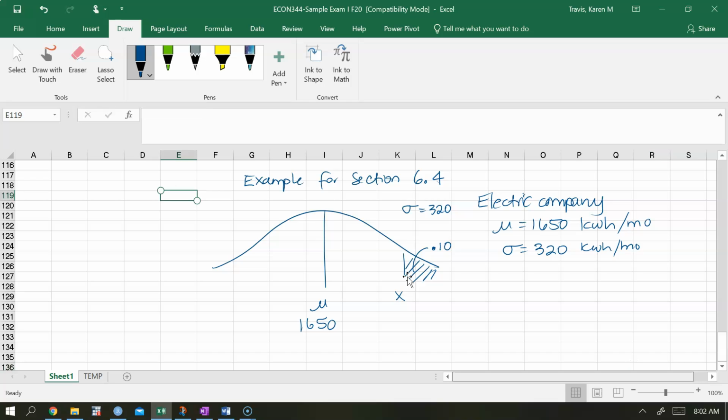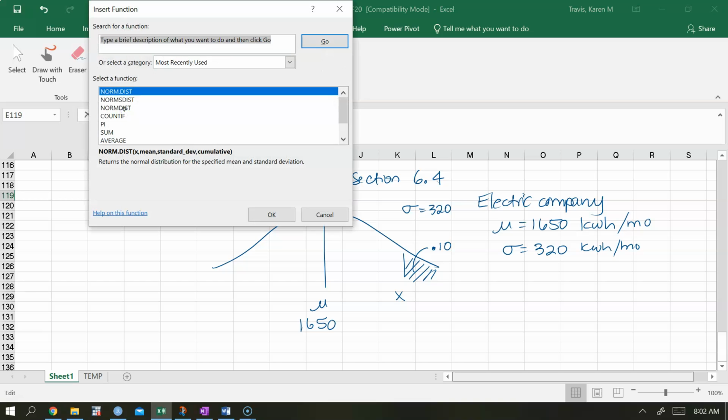So what we're going to do is the inverse of the normal distribution. So we'll go into here, and this time we'll type in normal again. We'll say go.